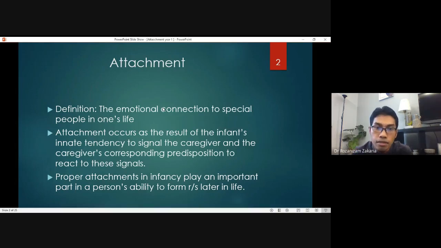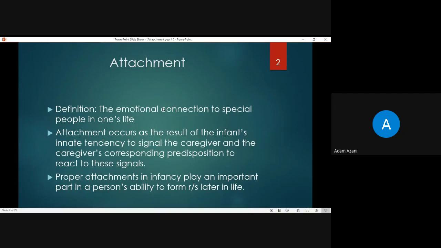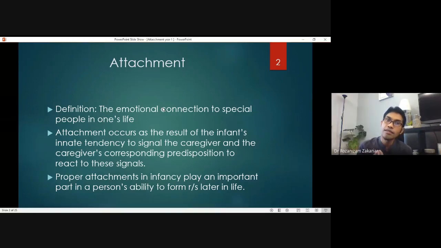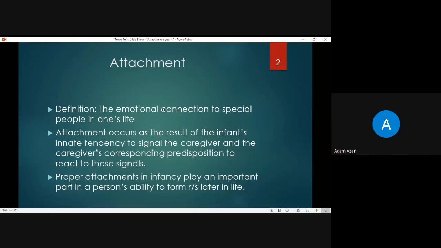So it results from the infant's innate tendency to signal the caregiver and the caregiver's corresponding predisposition to react to these signals. So basically, the child needs warmth, comfort, and food, for example.